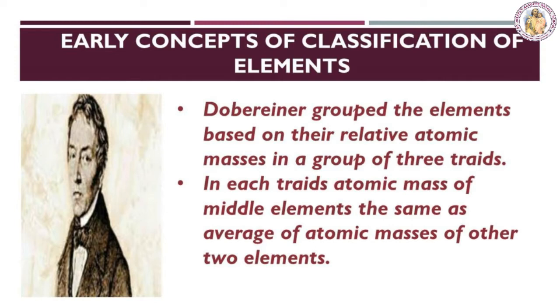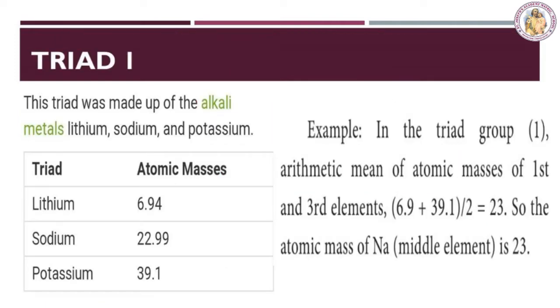Let's see the table of triad groups. Let us see triad 1. This triad was made up of the alkali metals lithium, sodium and potassium. For example, how to find this? In triad group 1, what is the arithmetic mean of the atomic masses of the first and third elements? Lithium is 6.9 plus potassium is 39.1.